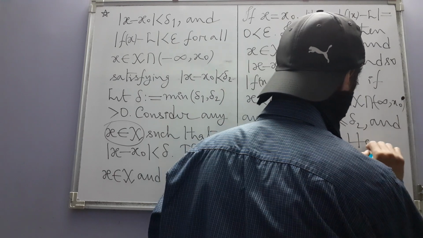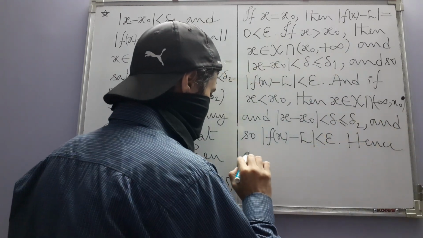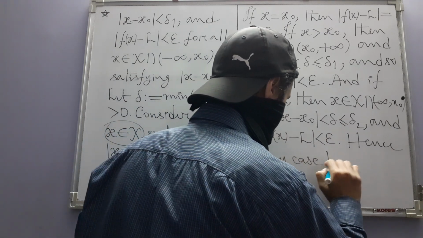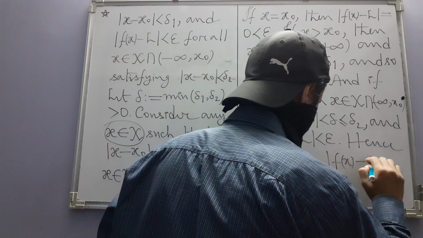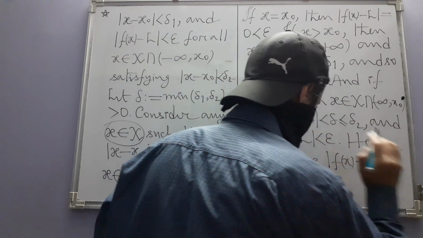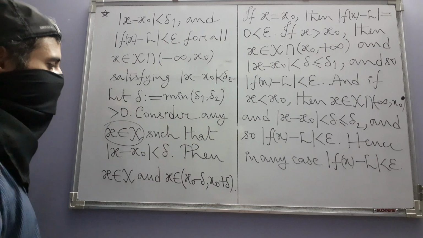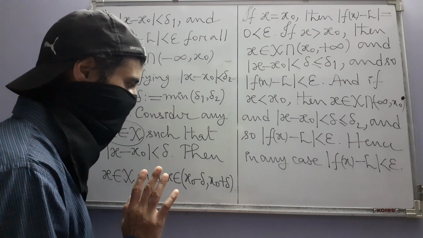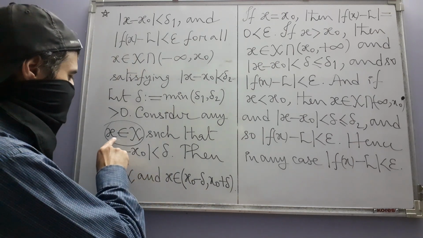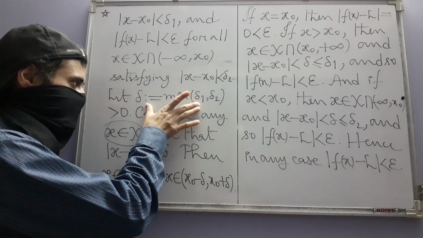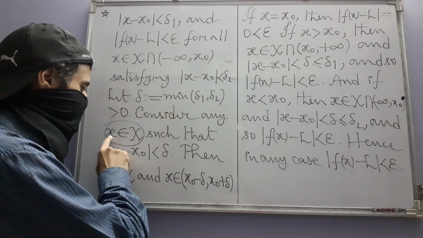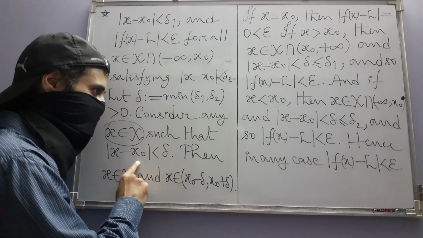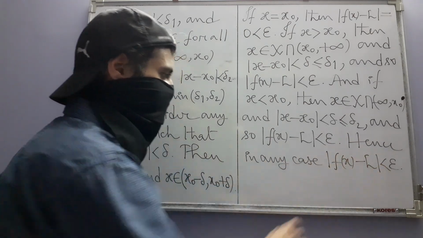Hence, in any case, so what have we shown? We have shown that for our arbitrary choice of epsilon, which is a positive real number, we have found a delta, which is this delta, so that any point of capital X which is within a distance delta from x naught gives us this inequality.